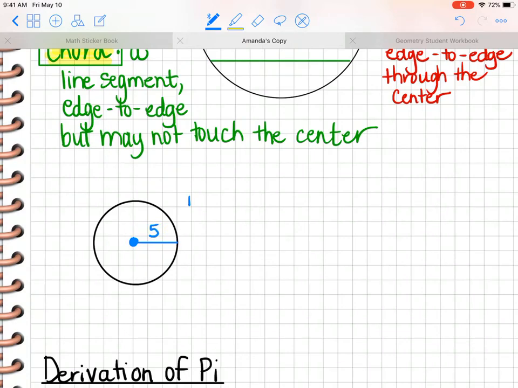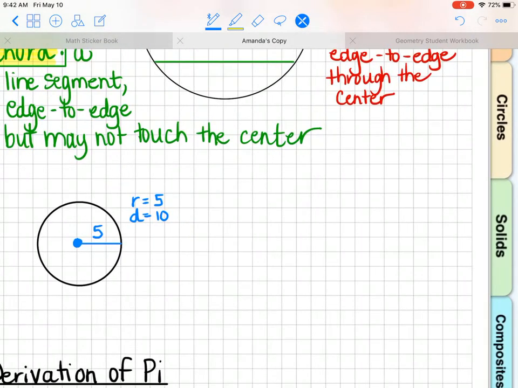So radius is 5. What is diameter if radius is 5? Well, remember diameter goes all the way across. So that would be another 5. Diameter would be 10 if radius is 5. So this is how they will show it to you. Radius is 5, diameter is 10.